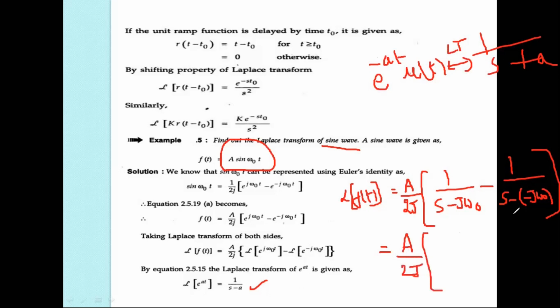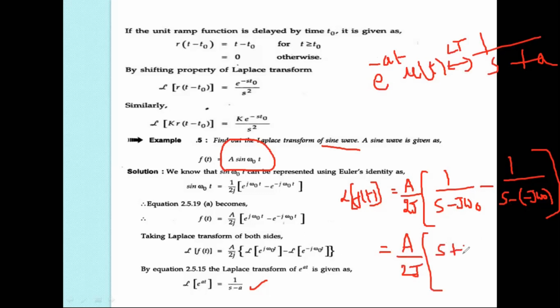Simply we can say the Laplace transformation of e power minus at mu of t is 1 by s plus a, my dear students. Remember this one. So a by 2j, it is s plus and s minus.